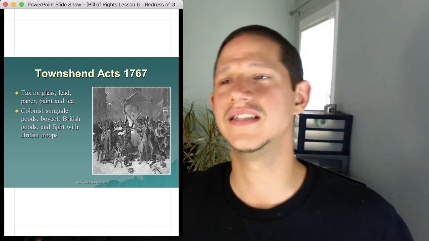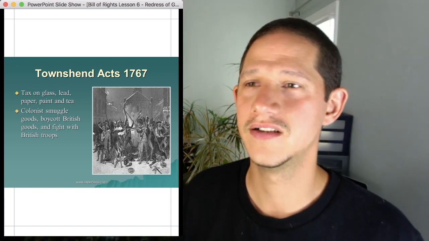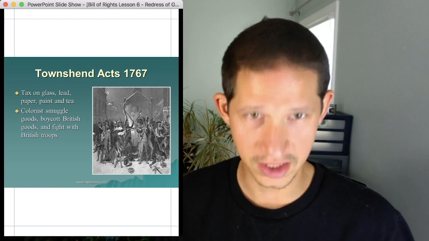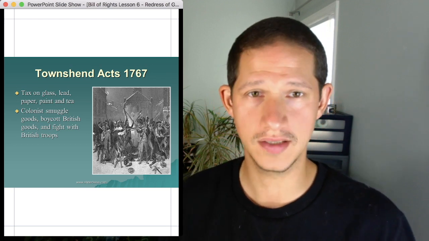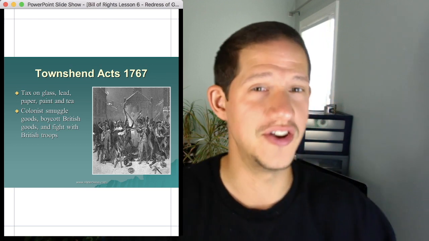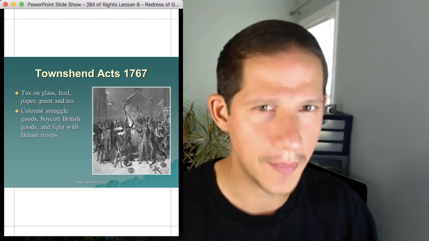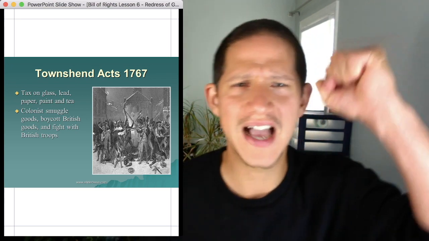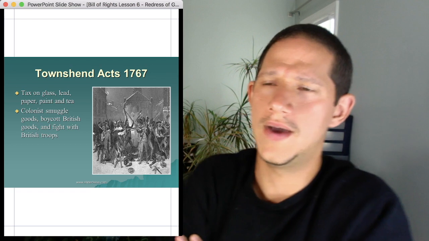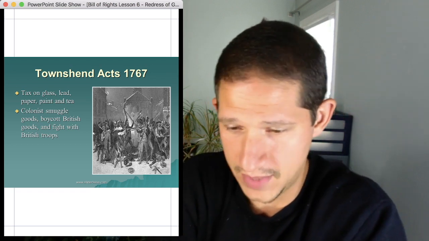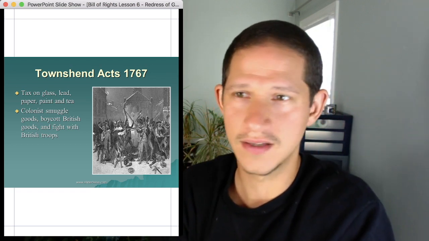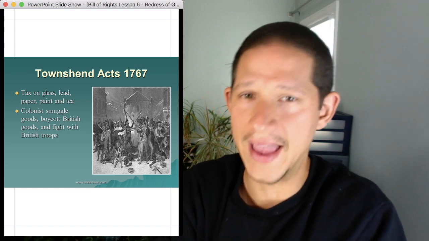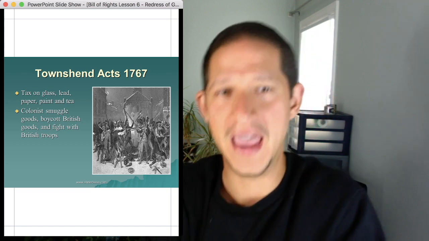Well, 1767 comes, and the King of England and the English Parliament, who make the laws, which the American colonists had no say in, no representation. They said, no taxation without representation. Well, they implemented the Townshend Acts, and it was a tax on glass and lead and paper and paint and tea.